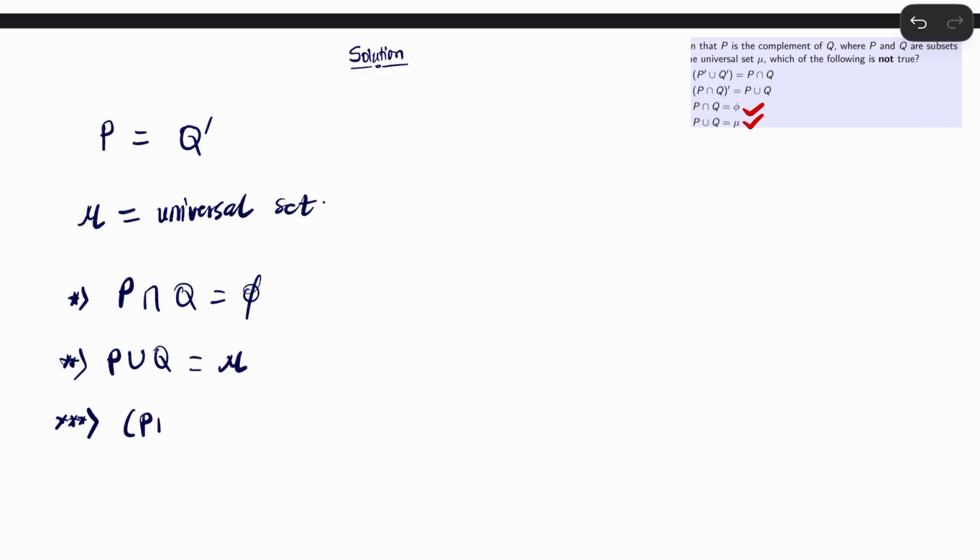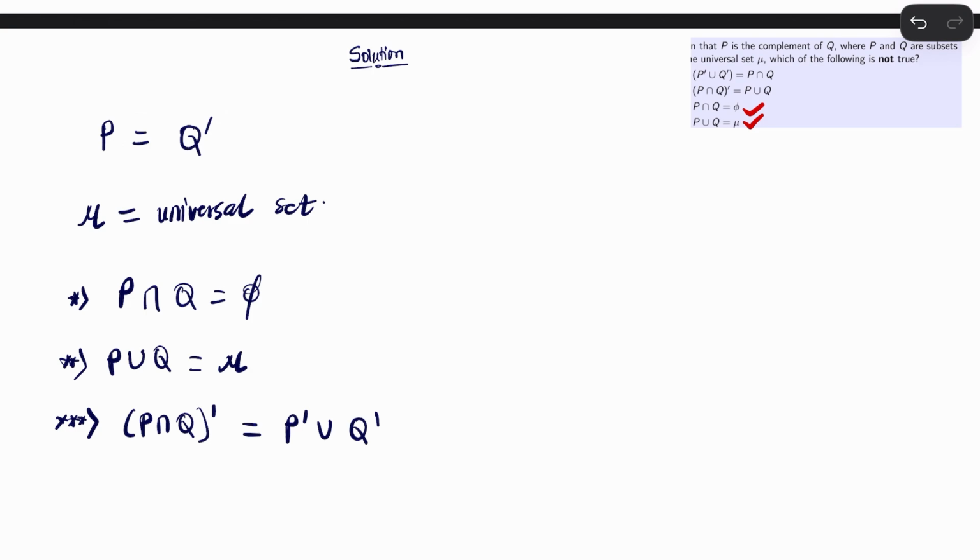So we have P intersection Q all complement, right? So P intersection Q all complement can be expanded as P complement union Q complement, right? But what's Q complement? Q complement is just P, right?